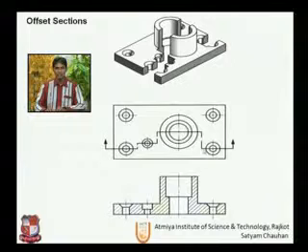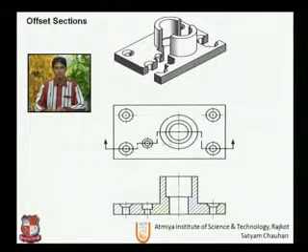So the cutting plane is passing through all these circles in order to show the details of all these holes. Since these two and these two holes are overlapping, the details will be the same. So the first one and the last one have the same detail. Hence the cutting plane helps us to show the details of each and every hole in that geometry. So this is called offset section.